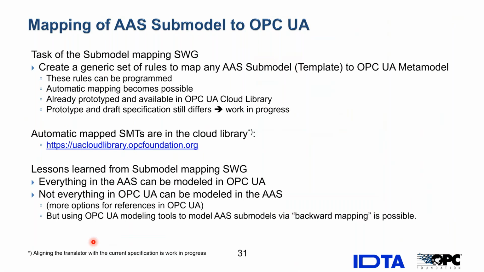Since these rules can be programmed, it's also possible to make the mapping automatically, which can already be seen in a prototype in the OPC UA cloud library. The prototype and the draft of the specifications are at the moment not fully aligned, but this work is in progress.